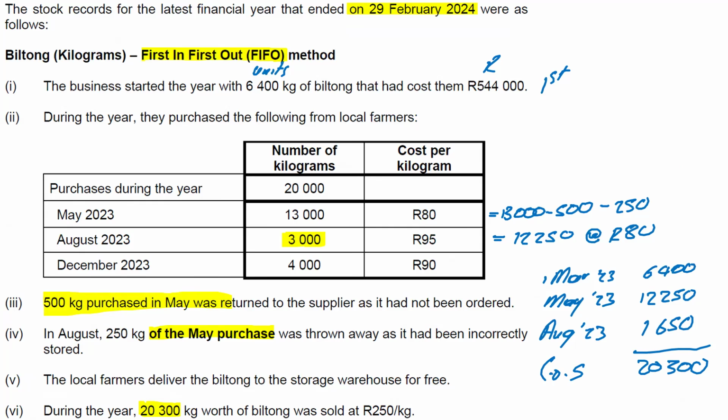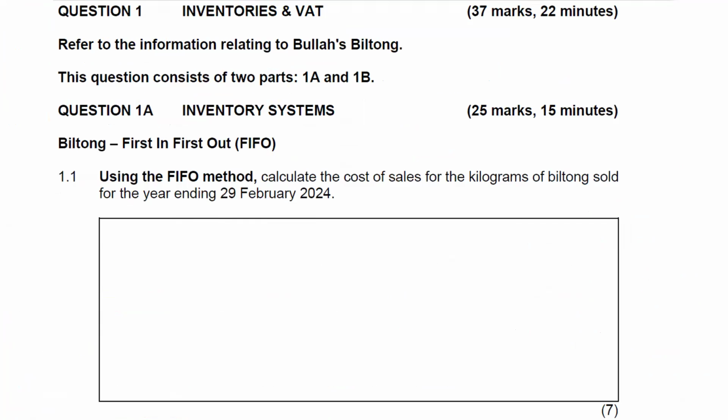Before I can move on to knives, let me see what the first question was all about. All right. Refer to information relating to Buller's biltong. This question consists of two parts, which is part A and part B. In the inventory system, we are dealing with biltong, where the method is first in, first out.